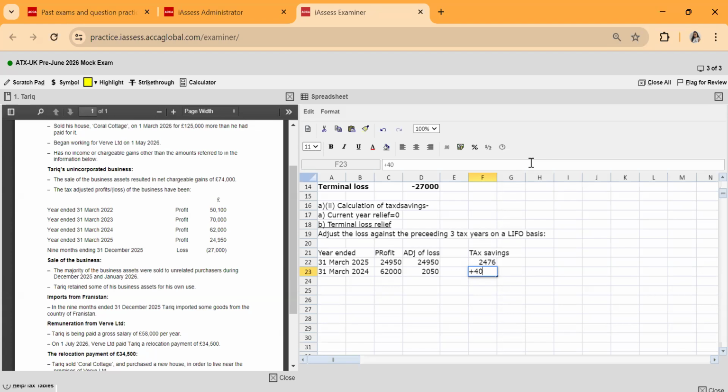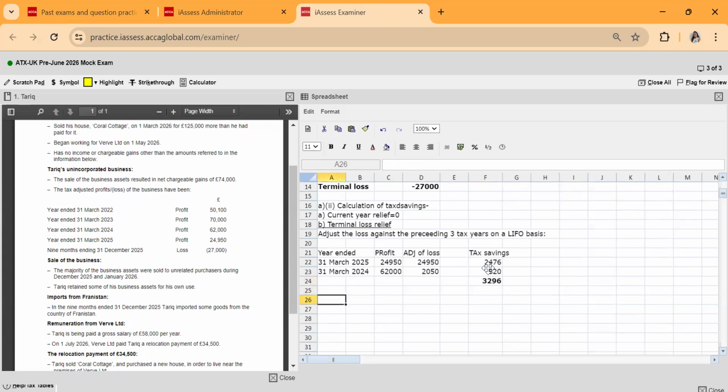So the tax saving will be at 40%, because the BRB is over, the 20% category is over, PA is over. Multiplied by 40%, the tax saving is 820. Clear? Because it's in the higher rate category. So the total tax savings in this case will be 3296.